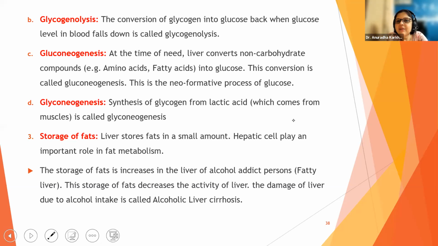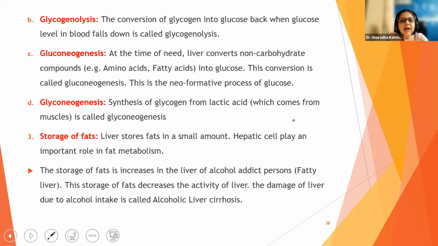Until this is converted into glycogen, the pain of the cramps does not go away. We will have the pain continuously. Right? So the new formation of glycogen is glycogenesis. Okay. Storage of fats, the liver stores fats. This is the third function.